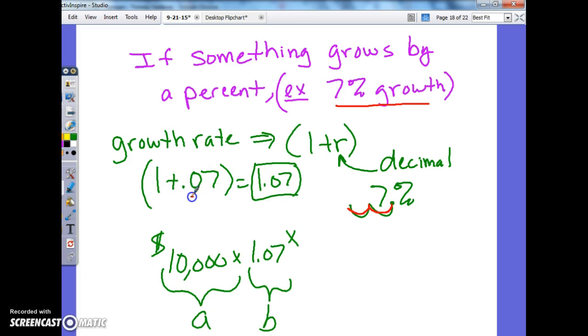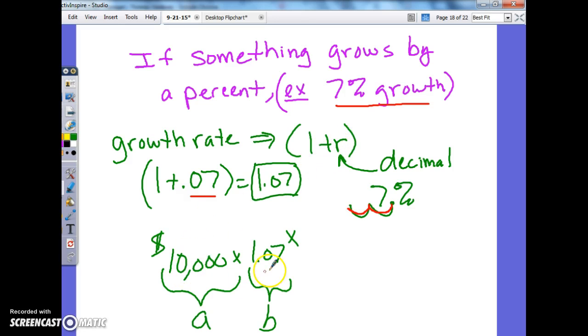So I take 1.07. This guarantees 100% of the original amount plus 7 more percent. So I take 1 plus the percent growth converted to decimal. So 7% growth, 1 plus 0.07 equals 1.07. That's 1 plus your rate in decimal form.